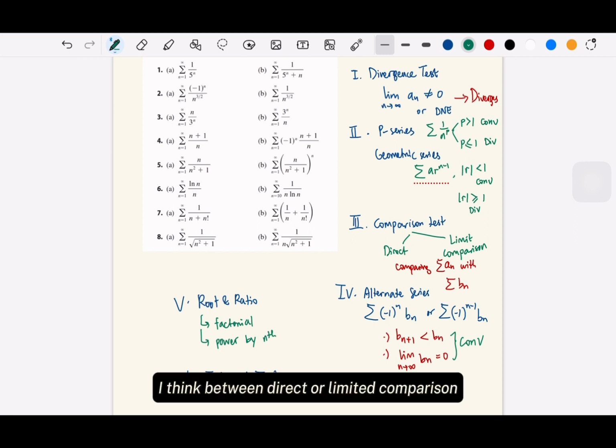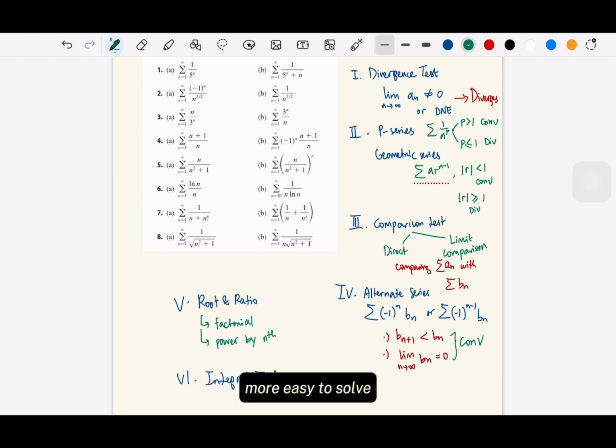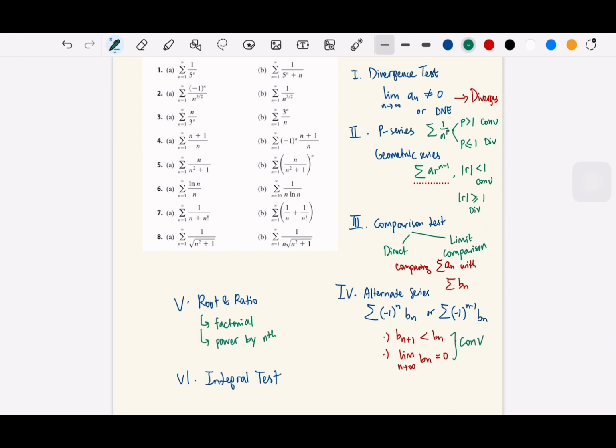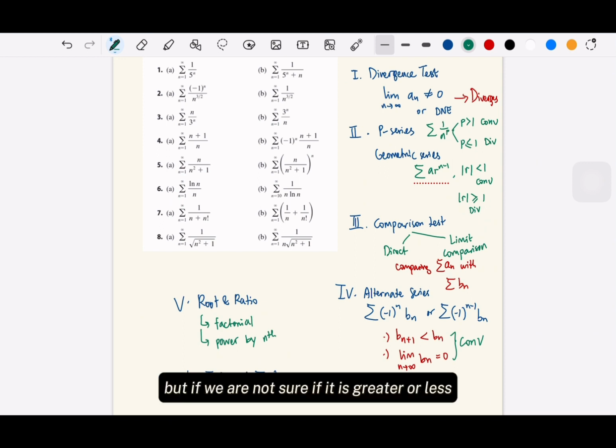Between direct or limit comparison, I think limit comparison is easier to solve. With the direct one, as long as we make sure the series is greater or less than the other series that we compare, I think we should be okay. But if we are not sure if it is greater or less, then go to the limit comparison.